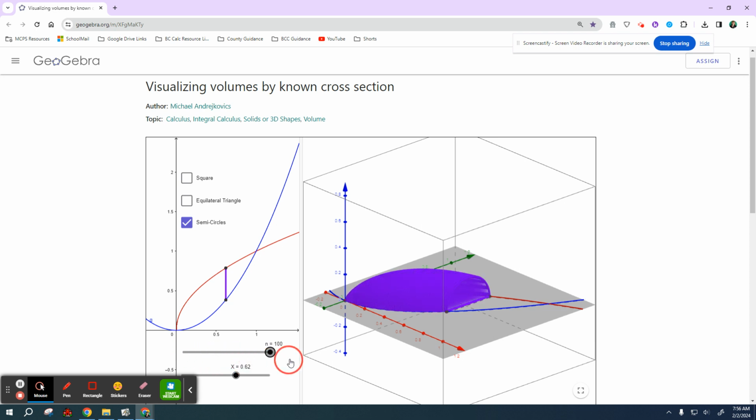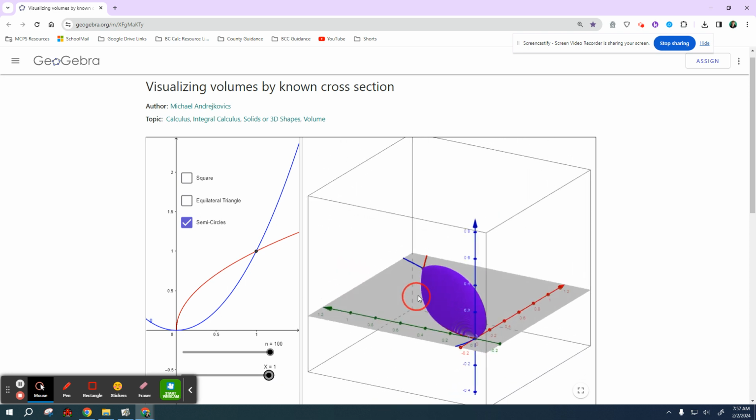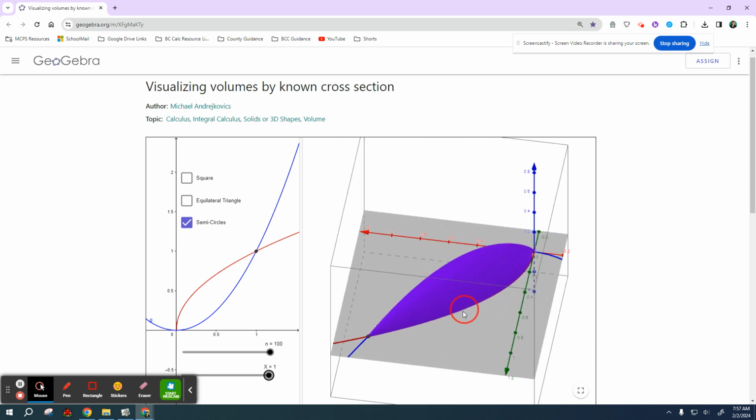And the skinnier I make the slices, the more smooth, like it's like 3D printing, right? Do any of you do 3D printing? The skinnier the slice, the more smooth your thing is that you're 3D printing. So with it smooth, it's going to look like that.